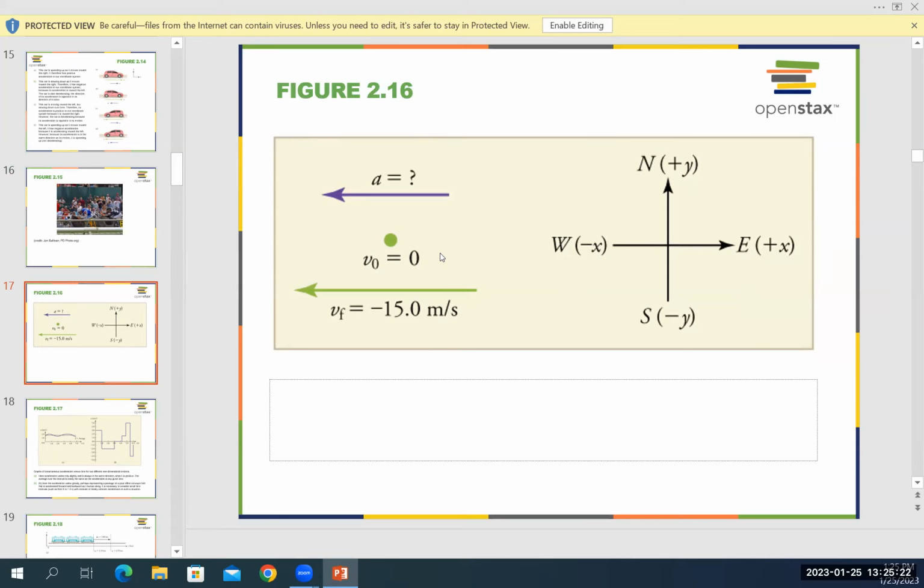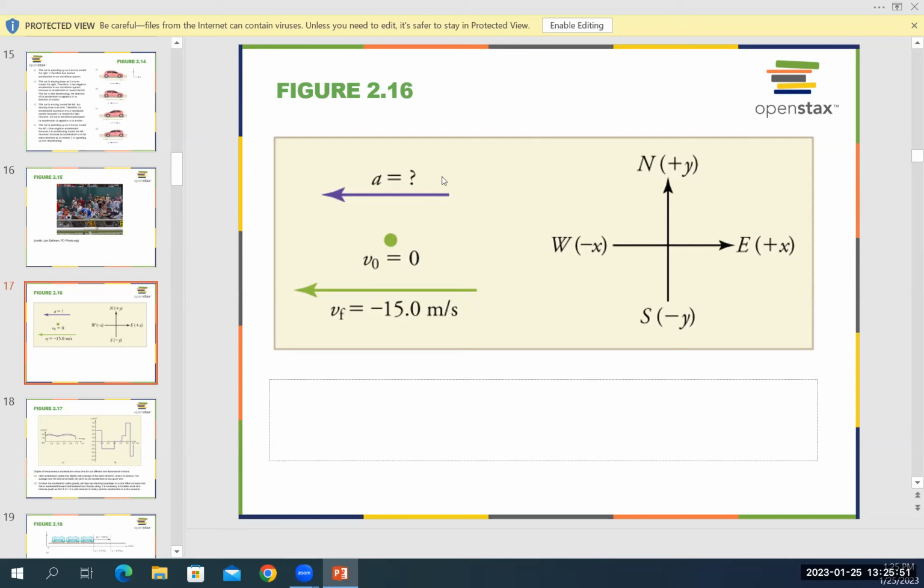We end up, after some time, going -15 meters per second. So all this means is that we're moving to the left. When we started our time at time 0, we were going 0, and we stopped our time at time final, and we were going at -15 meters per second.